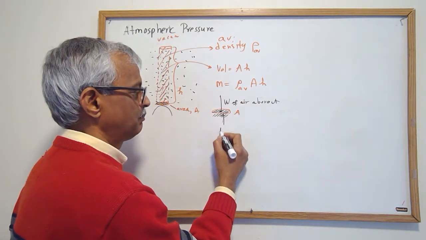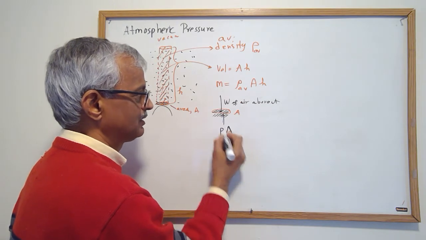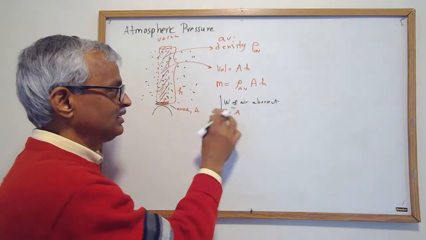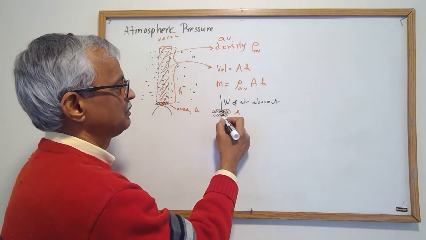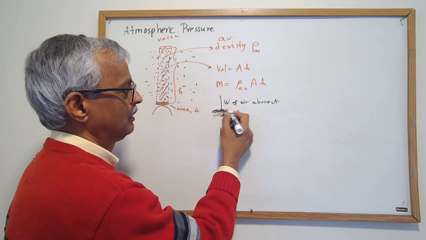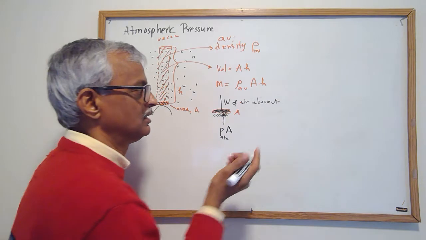So this will be the pressure, this atmospheric pressure at this point, times the area, and these two, you can see, will balance forces on this material that's in that area of cross section.